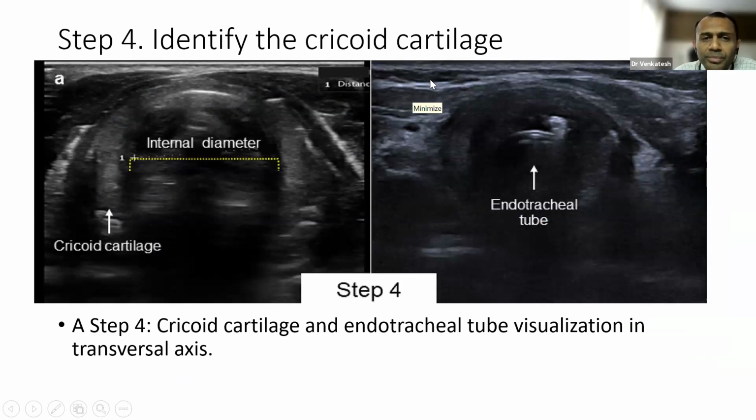One question is there, sir. Size of tracheostomy tube, somebody has asked. See, one of the images I forgot to mention. When you are measuring at the level of the cricoid cartilage, you can measure the internal diameter. This will give clues to choose the size of the tracheostomy tube.